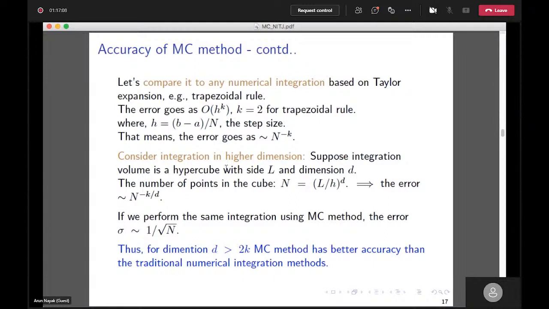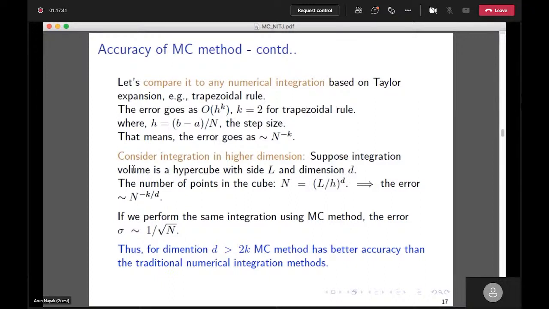Now consider some integration in very high dimension, not one dimension, say large dimensions d. We are performing an integration in the volume of a hypercube with side L and dimension d. If we generate n points in that cube, then n will be L by h to the power d.